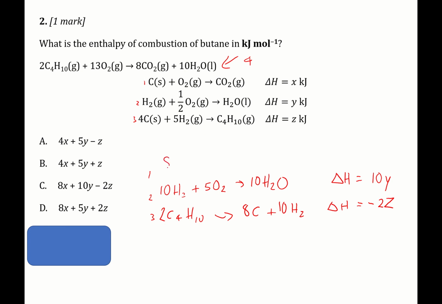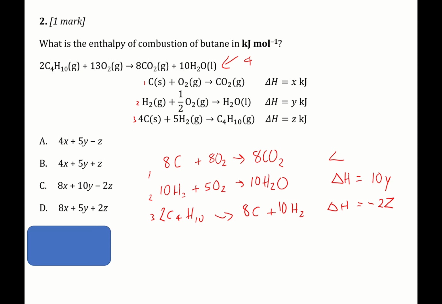So this becomes 8 carbon plus 8 oxygen molecules plus 8 CO2 molecules. So what we've done is multiply the delta H value by 8, so this will become 8x.